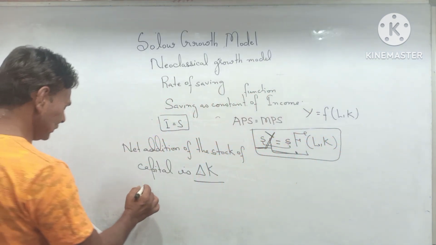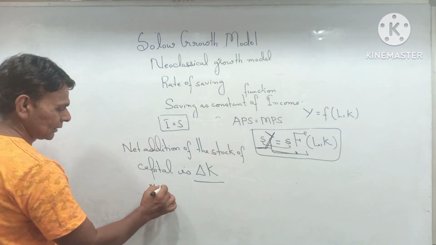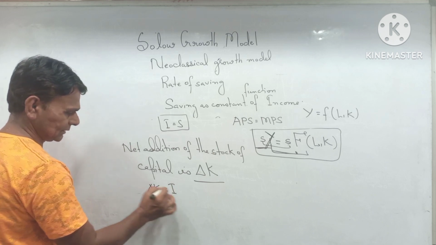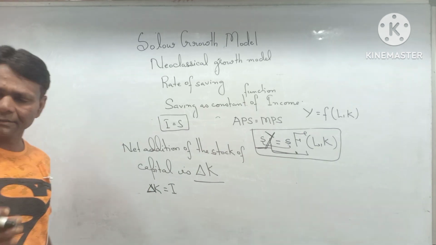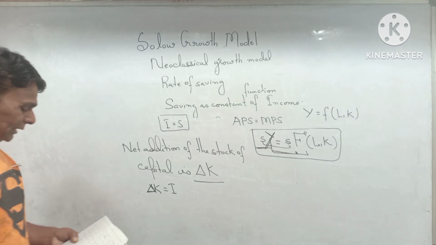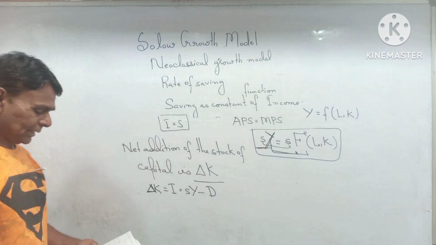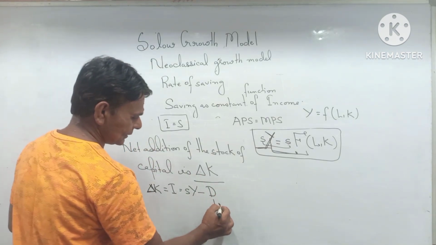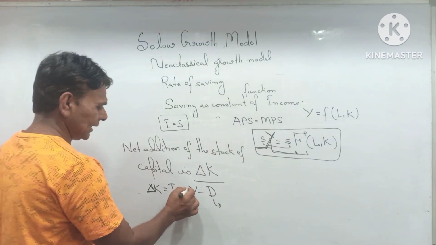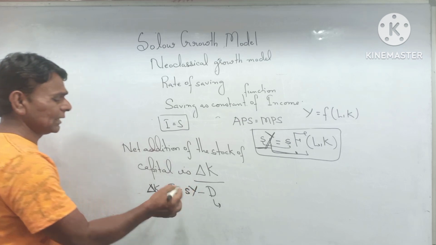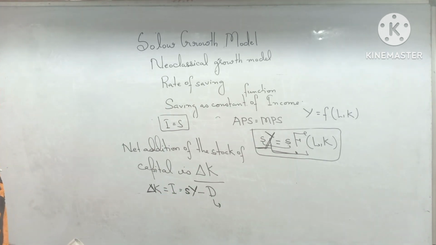Now look at delta K, the net addition to the stock of capital, that is the investment. Whatever we invest becomes delta K, the change in capital stock, equal to SY minus D, where D is depreciation or wearing of capital stock, and SY is the saving, a certain fraction of income.